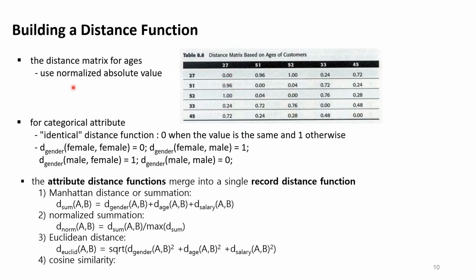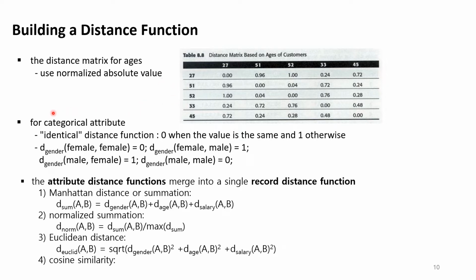In this case, we use the normalized absolute value, so the absolute value is divided by the range of the attribute. This is how we compute it. This is the result of the distance using the normalized absolute value for attribute age.